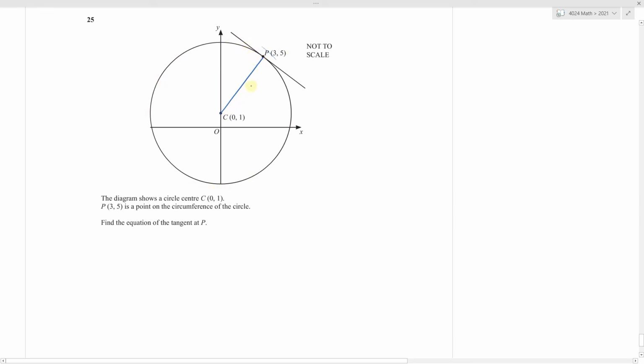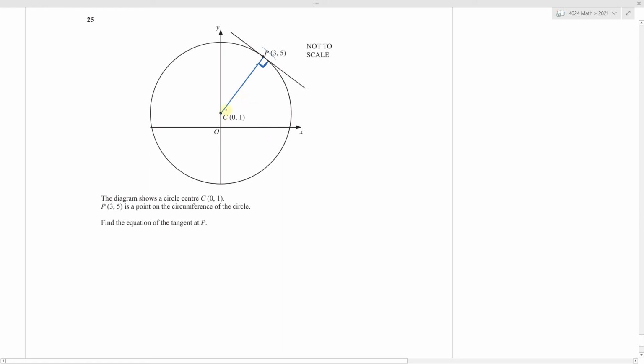And we know that one of the properties of the angles in a circle is that the angle between the radius and the tangent is 90 degrees. So this angle here is 90 degrees. And we also know that two lines that are perpendicular, the product of their gradients is -1.